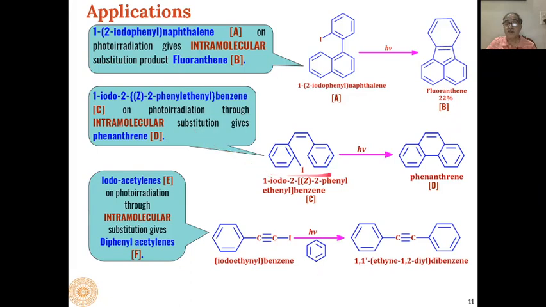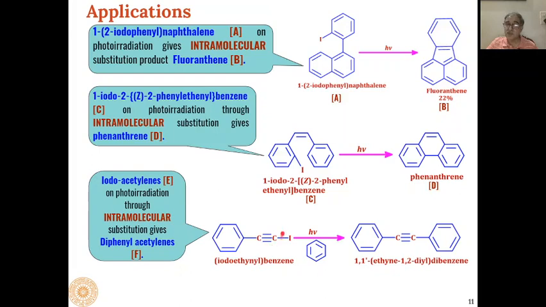Similarly, this type of cis iodo derivative of stilbene, when photoirradiated, undergoes intramolecular substitution reactions. So I radical from here and H radical from here will form a carbon-carbon bond, and phenanthrene will be photosynthesized from this type of photosubstitution reaction.